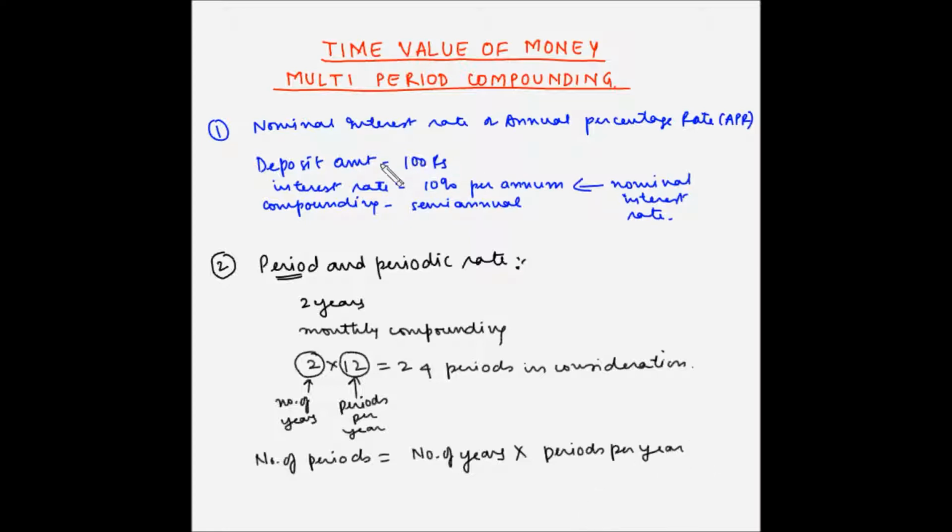Now in our example number 1, if this deposit is being done for 1 year, then the number of periods is equal to 1 year, and since the compounding is happening semi-annually, in 1 year there are 2 periods, so 1 into 2, so 2 periods. So we understood the concept of period.